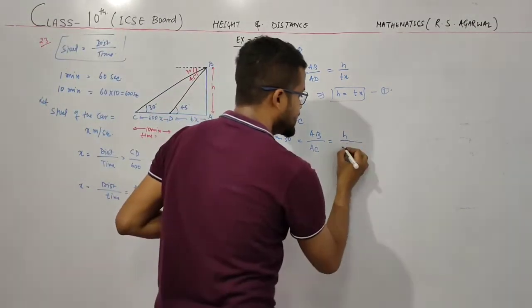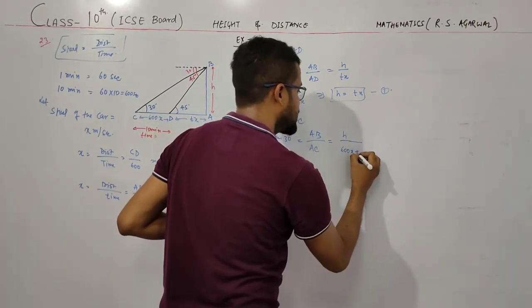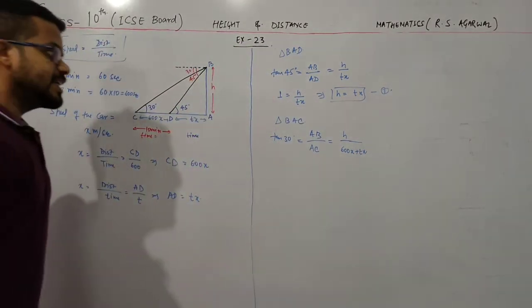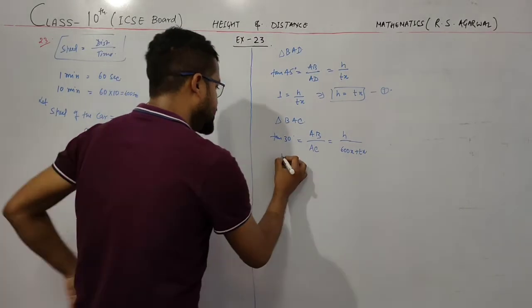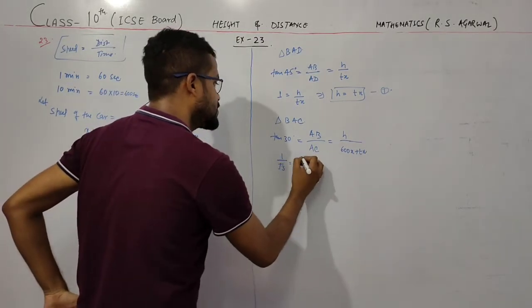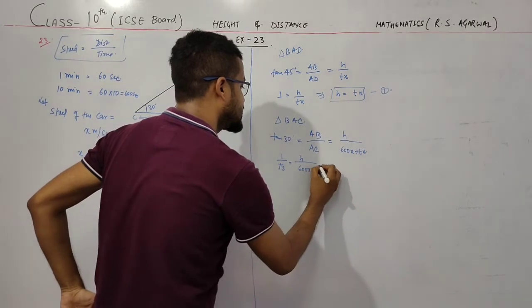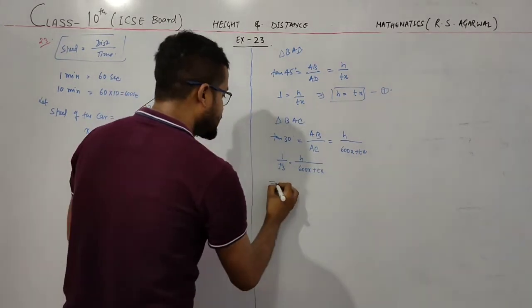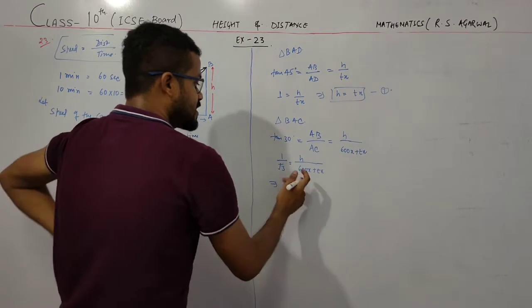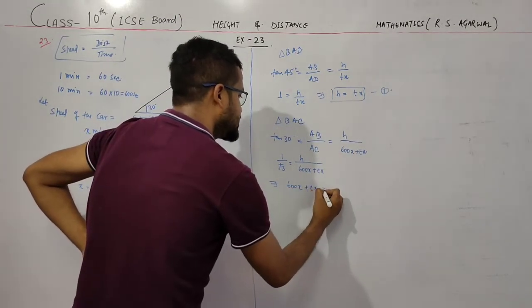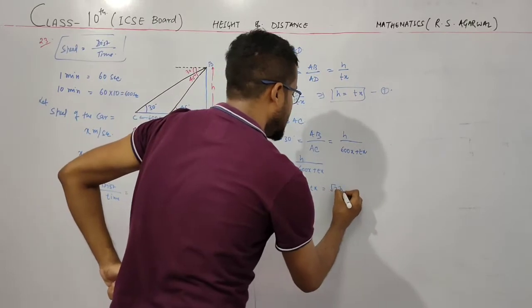Now tan 30 degree is 1 by root 3. So 1 by root 3 is equals to h upon 600x plus tx. By solving this, I get 600x plus tx is equals to root 3 h.